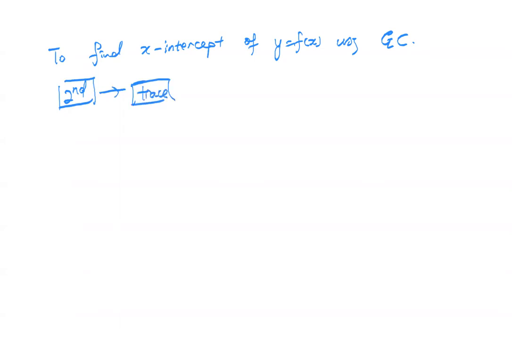Select number 2. That is 0. Correct? So they will come out the same dialogue like finding turning point, correct? Left bound, right bound. So if you look at the graph, the 0 is supposed to be here. Am I right?